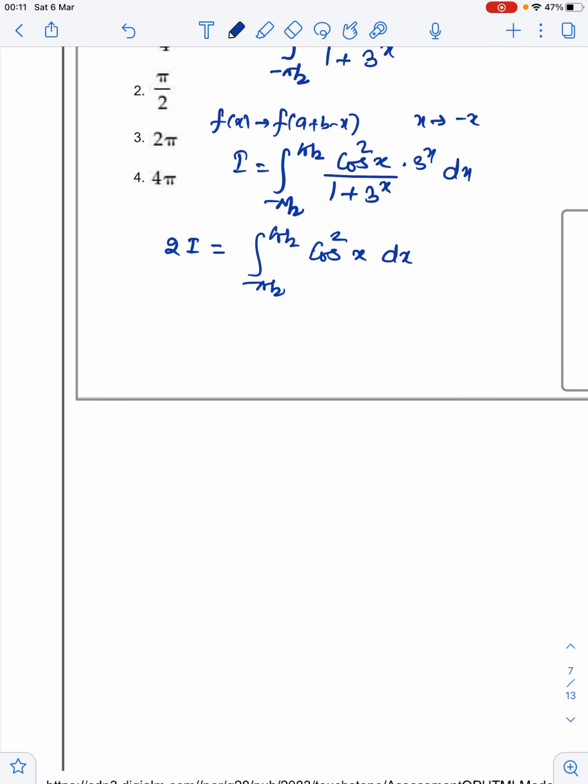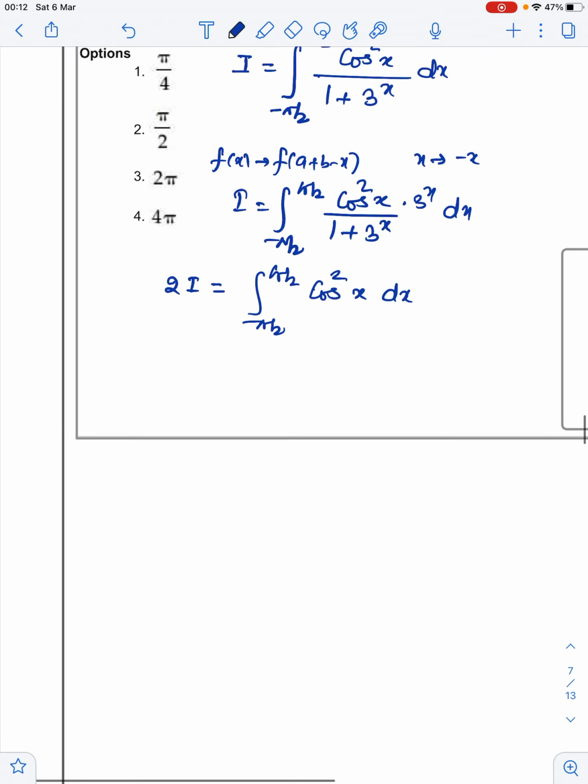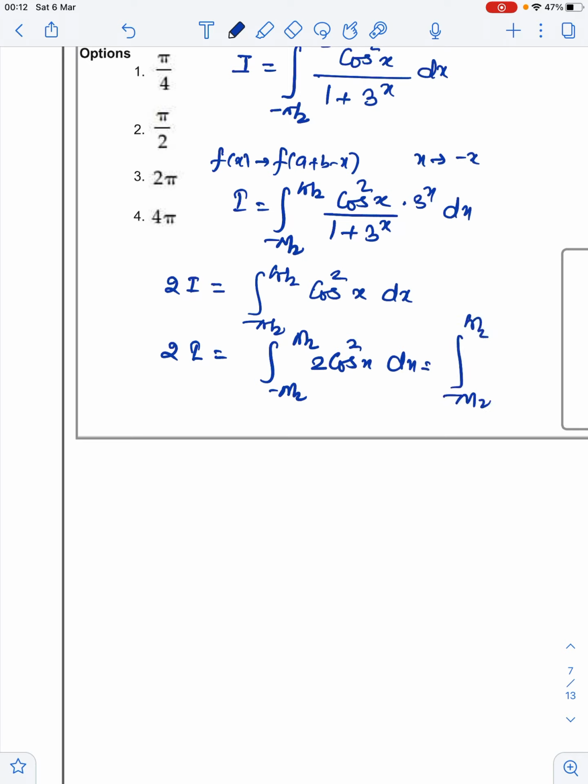Now if I multiply both sides by 2, this becomes 2I equal to the integral from minus pi by 2 to pi by 2 of 2 cos square x dx, and 2 cos square x can be written as 1 plus cos 2x dx.